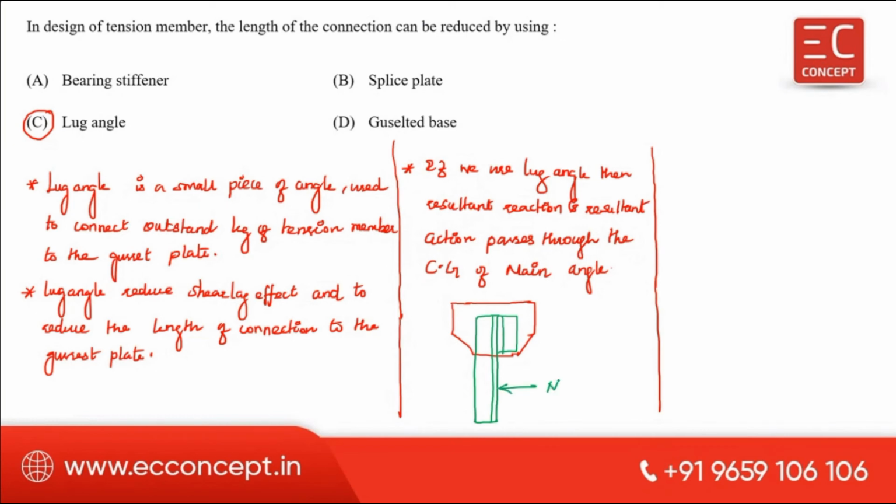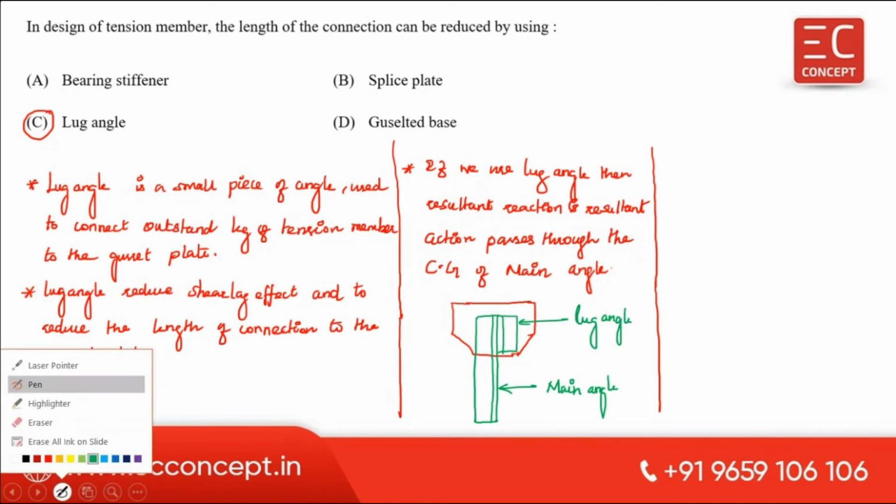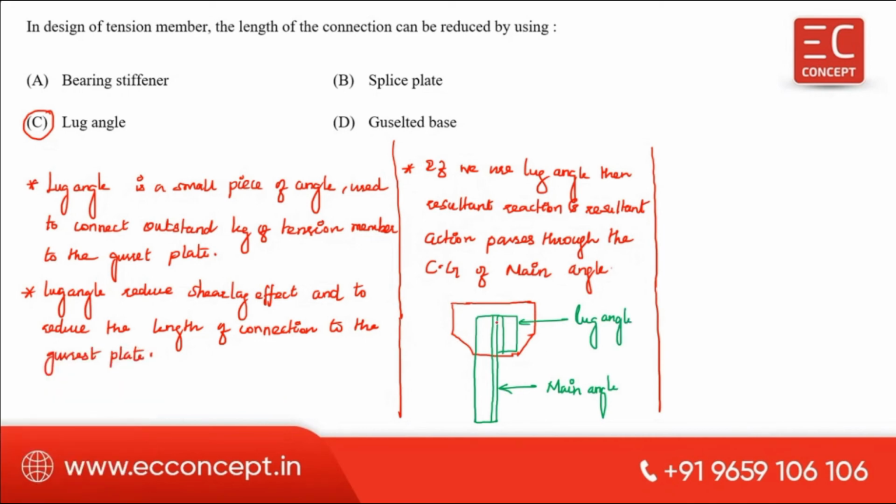These two are connected. This is the outstand leg of the main angle, and this is the outstand leg of the lug angle. These two are connected by a bolt.